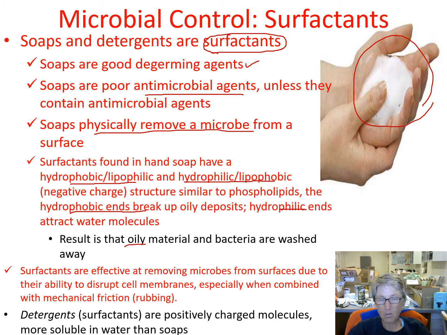The result is that the oily material and the bacteria are washed away. Surfactants generally are effective at removing microbes due to their ability to disrupt cell membranes, just like we saw with the other chemical means, especially when you combine a surfactant with mechanical friction or rubbing, which is what you do when you wash your hands.